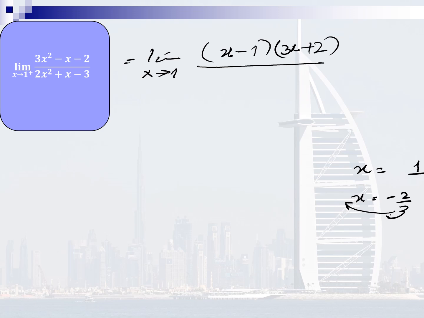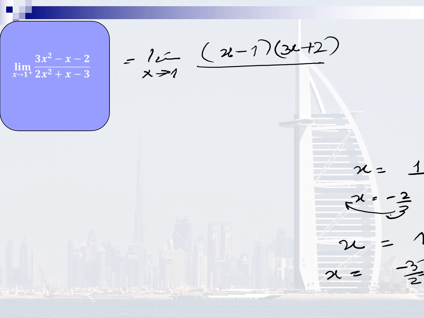Now for the second one, again you see that this is a quadratic function, which means that whenever there is a quadratic function, you have to factor it. So write in the calculator 2, 1 and negative 3. So you will get x equals 1 and x equals negative 3 over 2.